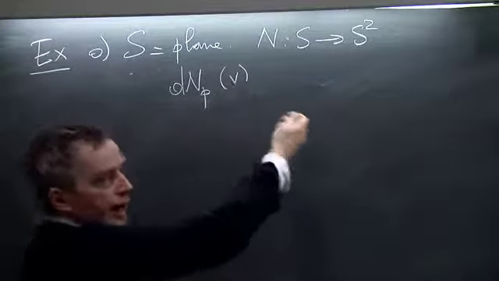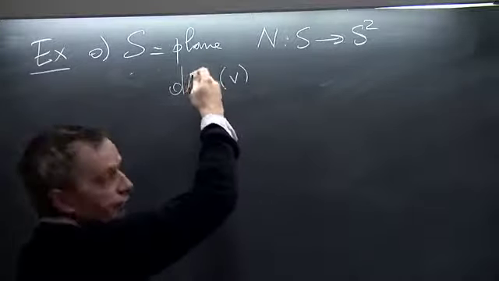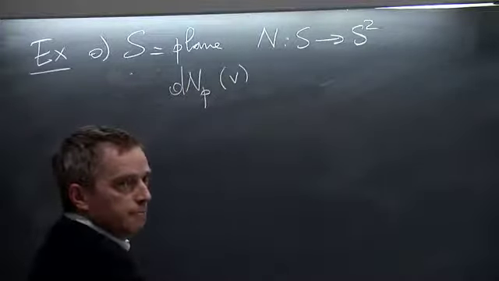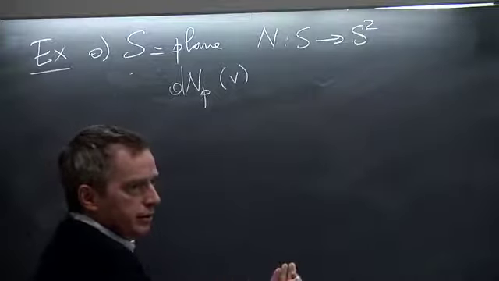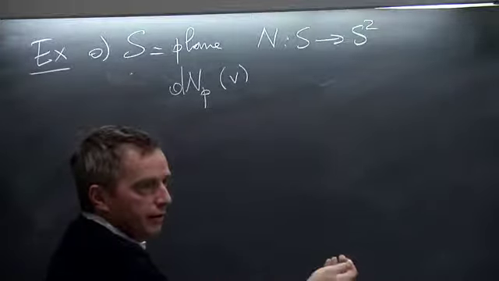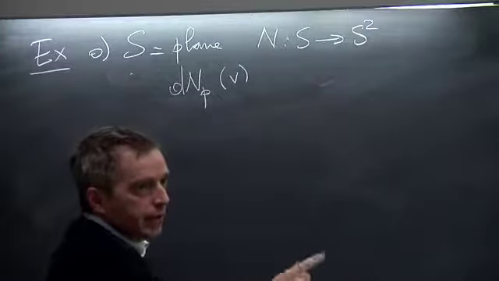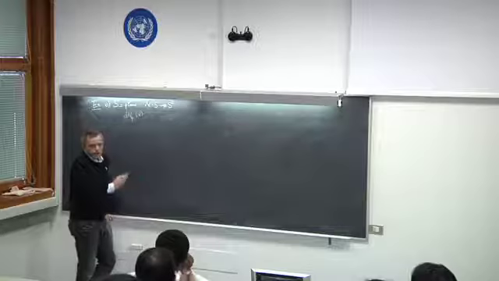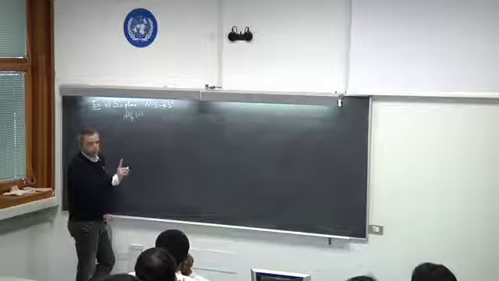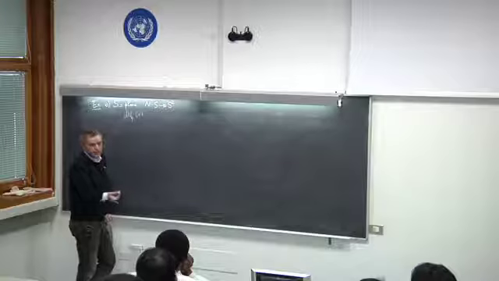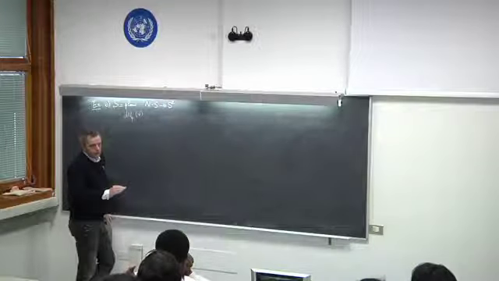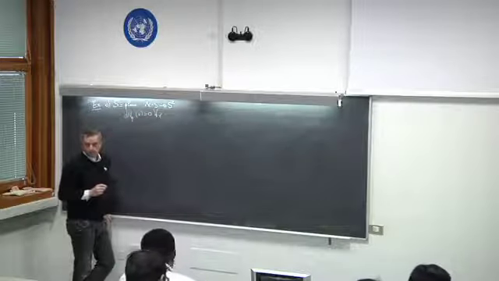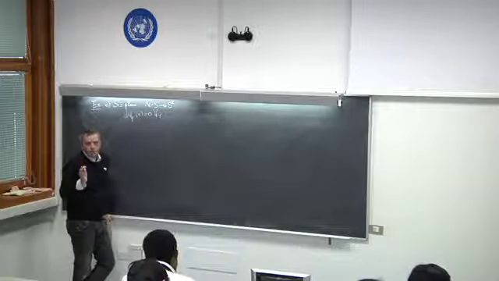Take N composed alpha, and take the derivative at time 0. Whatever alpha is, N composed alpha is always the same vector, because N is constant over the whole plane, so N composed alpha is a constant vector. So the derivative at time 0 will be 0. I don't have to make any computation.